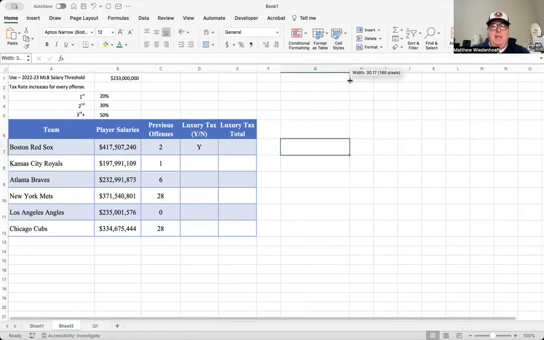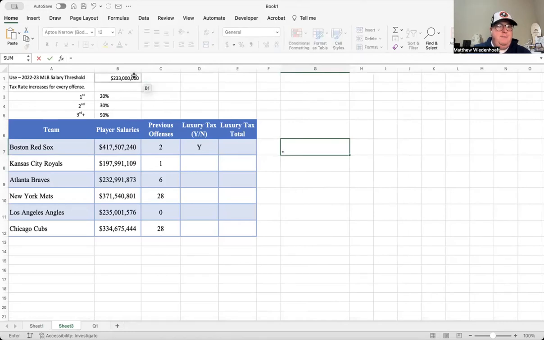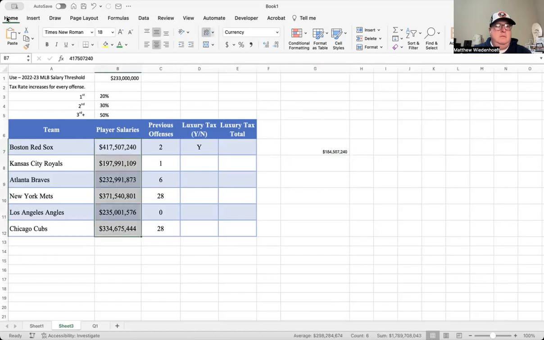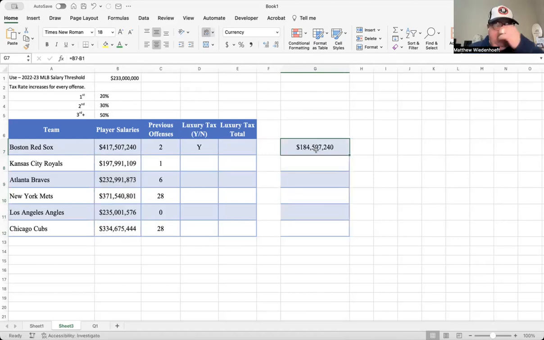Yes. How do we know? Well, let's just come over here and make this real simple. It equals their salaries minus the cap space. Real easy. So again, this is the difference.